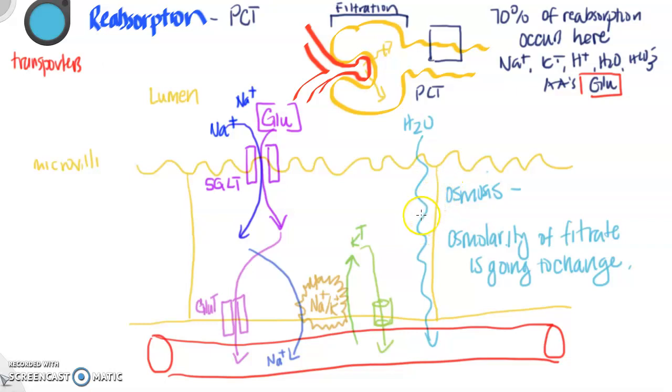But that's basically how most of these things are gotten from the lumen, from the filtrate, and put back in the blood. 70% of it is reabsorbed here at the proximal convoluted tubule.